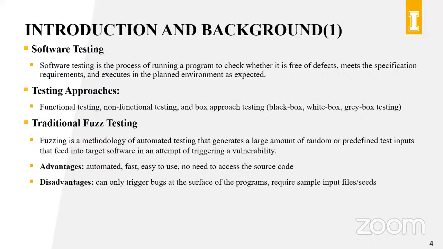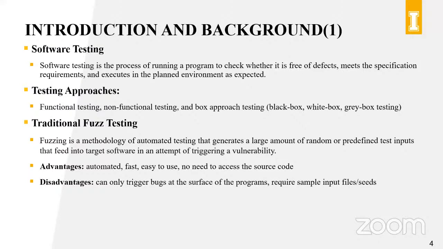The field we are starting from is software testing. Software testing is the process of running a program to check whether it is free of defects, bugs, or any kind of security issue, meeting the specification requirements, and making sure that it executes in the intended environment as we expected.